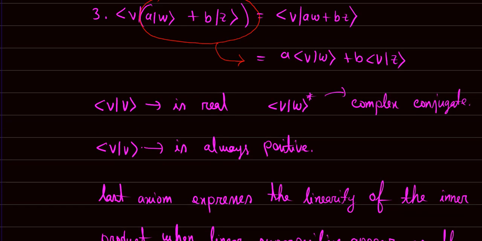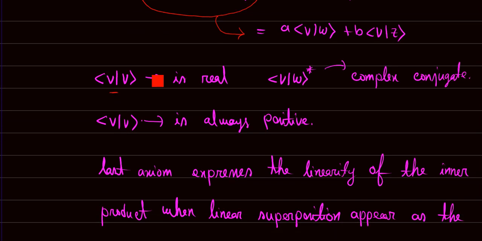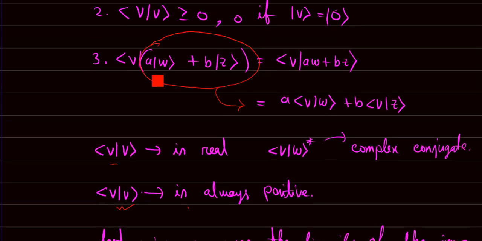So the first one gives us that this must be a real value, the second one is telling us that the inner product of a vector with itself will always be positive, and the last axiom tells us the linearity in our vector space.